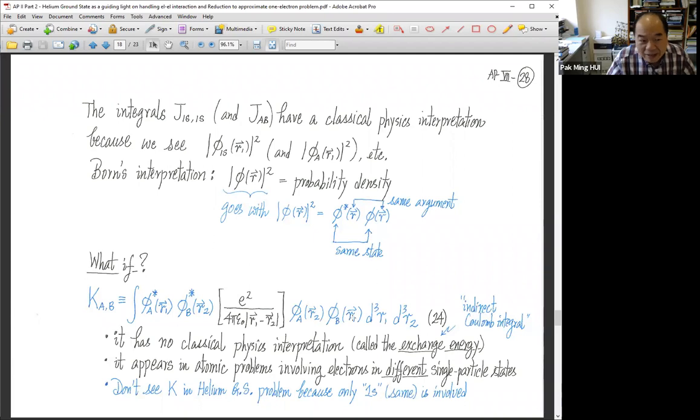And then there will be this term in many other atoms. And second point is that this K integral does not have a classical interpretation. So that is the point I would like to introduce about K at this point.